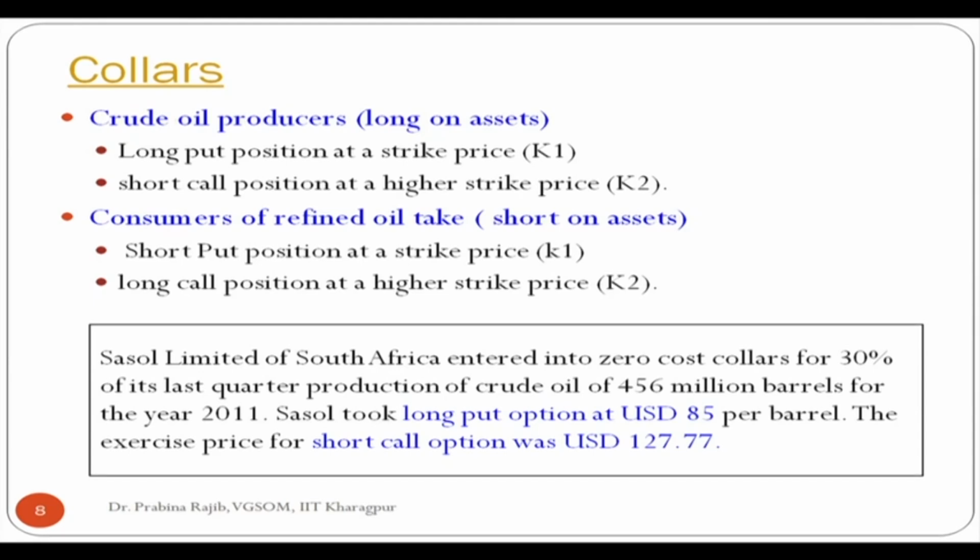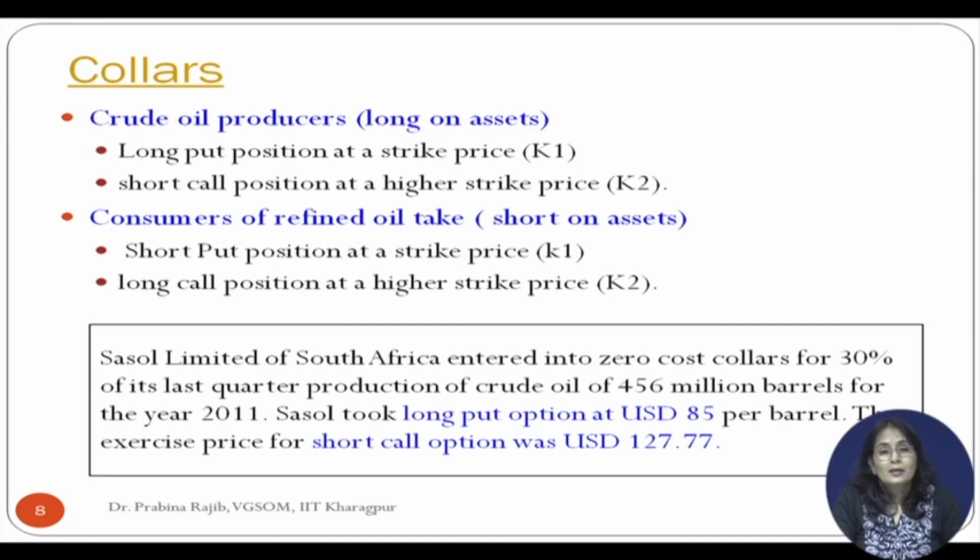A crude oil producer who is long on the asset, who is owning crude oil, fears that price is going to go down. Traditionally in an option market, it would have only entered the long put position, but in a collar it will enter a long put as well as a short call position, but the exercise price for this short call position is higher than the strike price for the long put position.